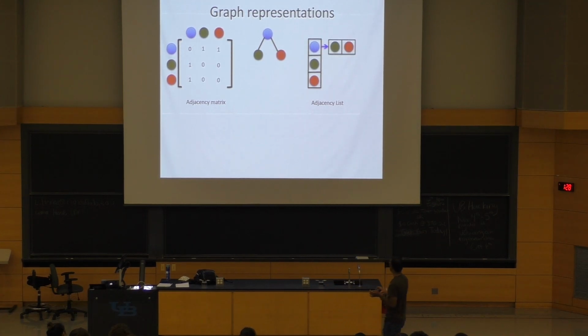So the neighbors of blue are green and red. Again, neighbor means there's an edge between blue and green and blue and red. So the entry corresponding to blue points to a linked list which has green and red in it.